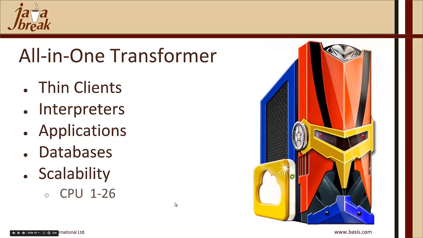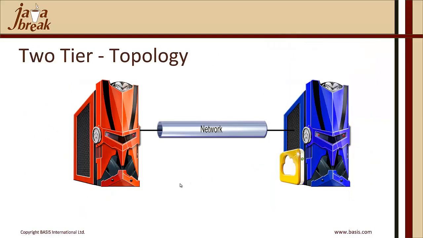So you can have CPUs or RAM in order to make it big enough and fast enough to do your bidding. For most of you who have been around BASIS for any length of time, you've heard us talking about the big benefits of BBJ or its ability to be two-tier or three-tier in its topology.